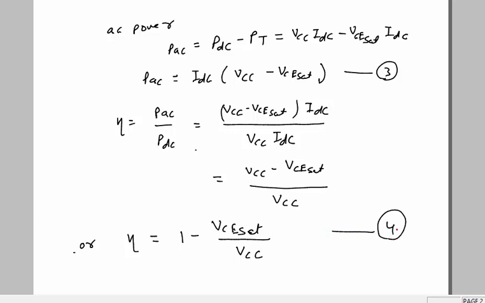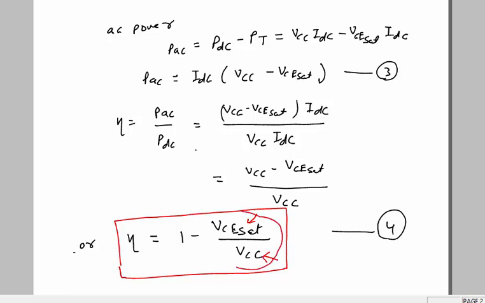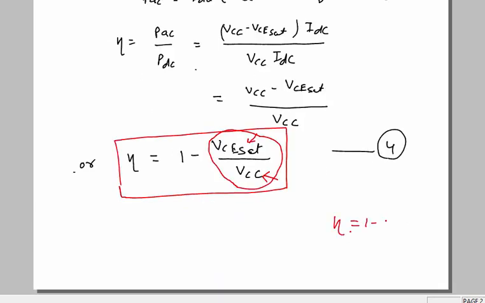This is the main result for the efficiency of the class C amplifier. If you look clearly here, VCE sat should be very, very small, around 0.2 volt. This is very less compared to VCC, so this entire ratio will be very small, approximately 0.1. So eta will be 1 minus 0.1, which means 0.9.